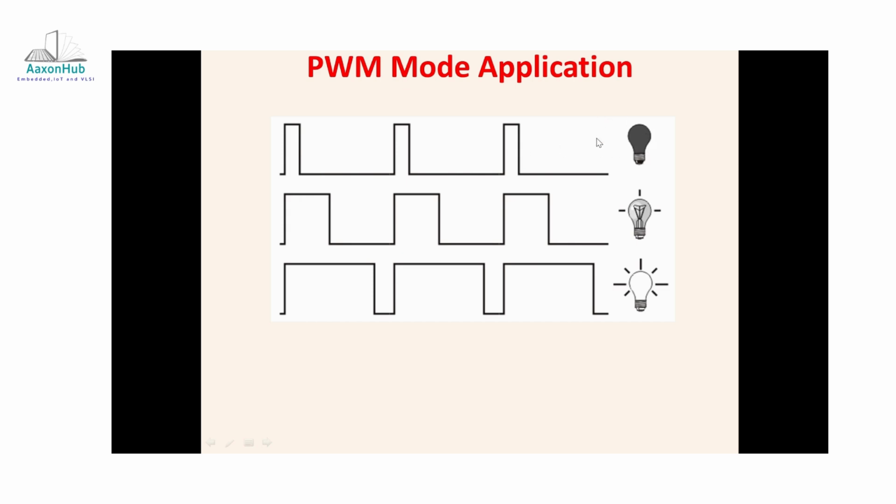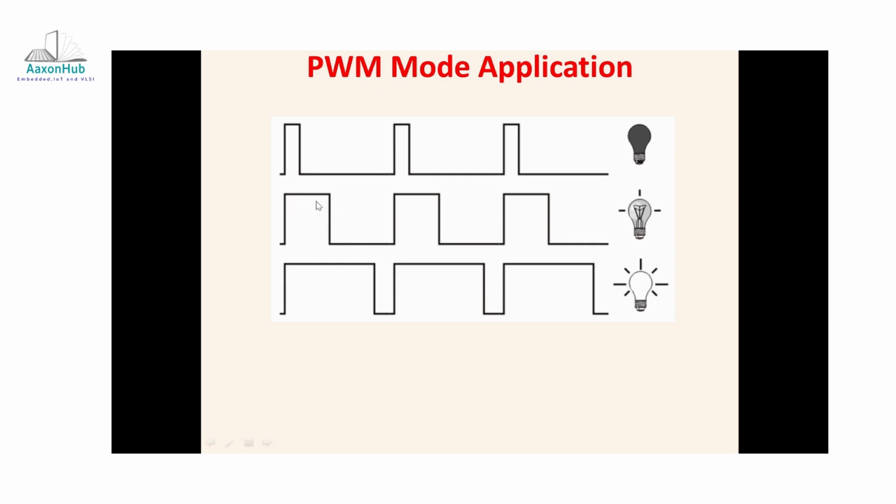So the lamp will remain off, and only for the moment of this event of 1 will this light be turned on. So this is less than 50% duty cycle.